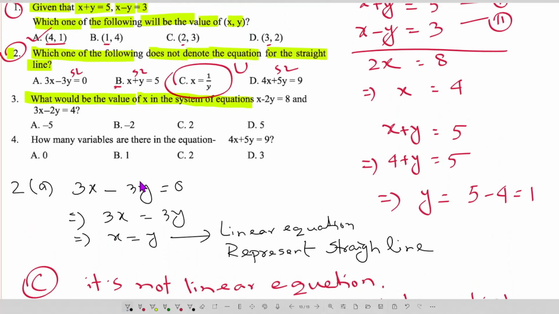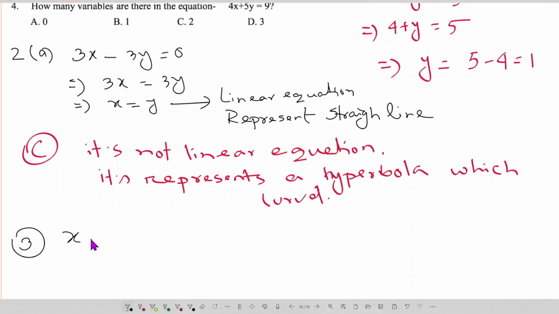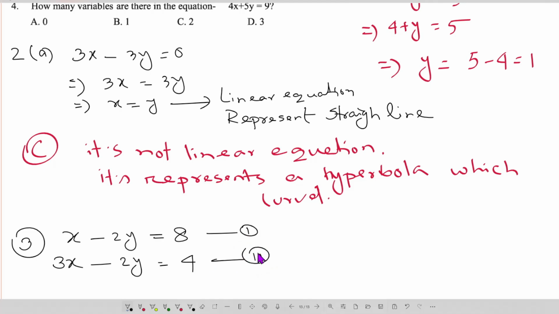What would be the value of x in the system of equations? So here x minus 2y equals 8, another one is 3x minus 2y equals 4. So equation 1 and equation 2, and what would be the value of x, right?